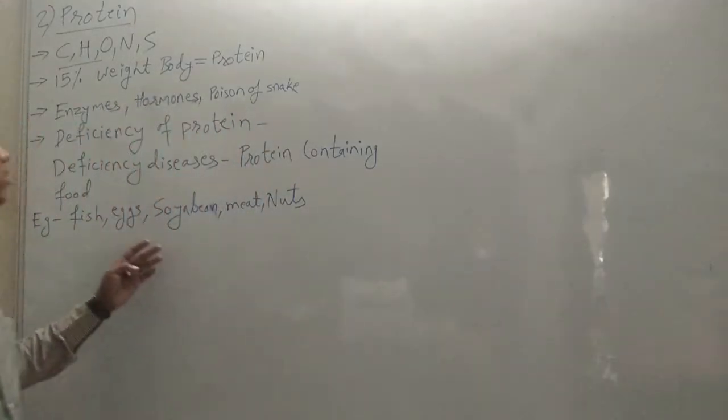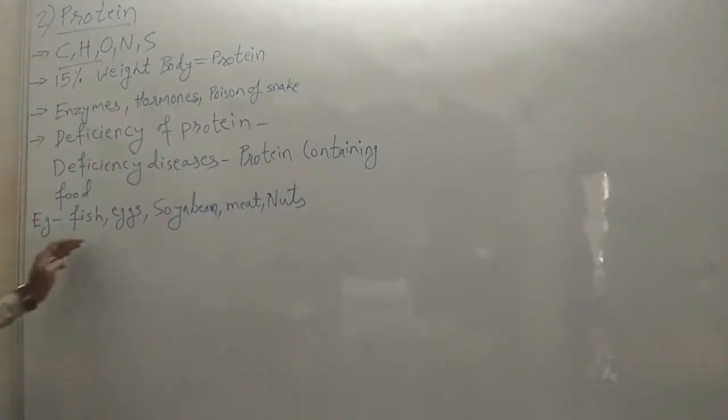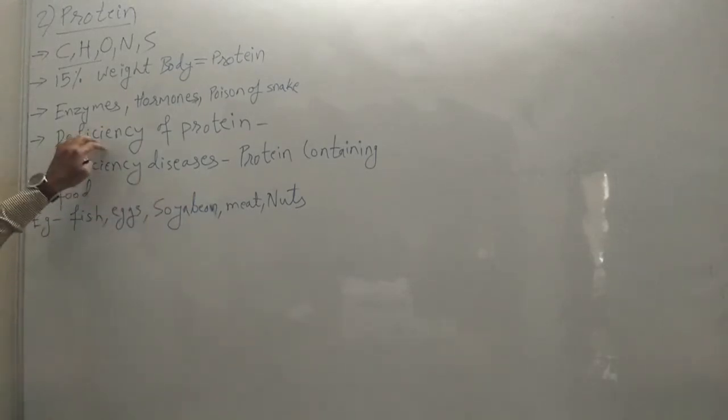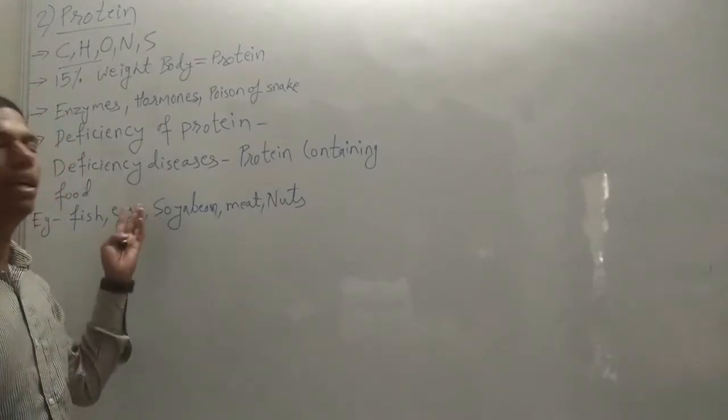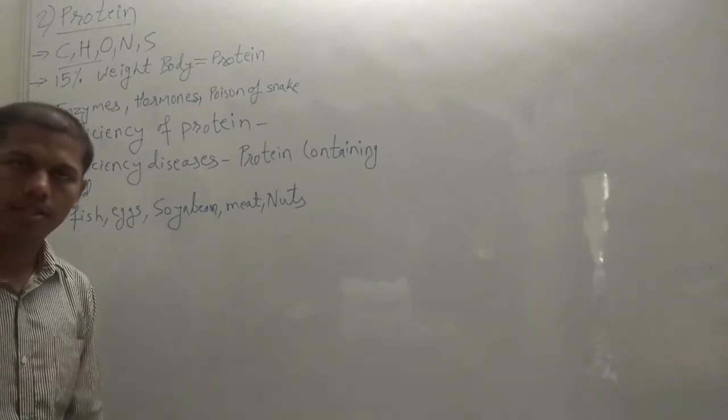They provide you proteins. So these are the sources of protein, and if there is a protein deficiency, you can include these things in your diet and you can treat the deficiency diseases.